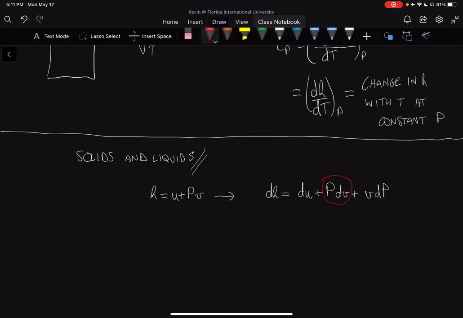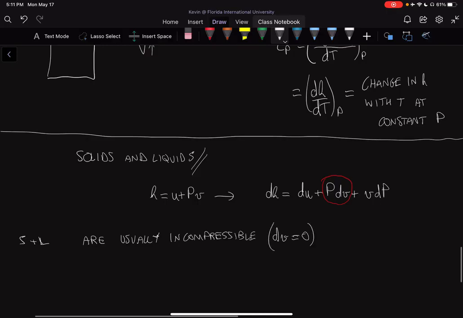What can we say about solids and liquids? We usually say that solids and liquids are usually incompressible. And what incompressible means is that dV is usually very close to zero.